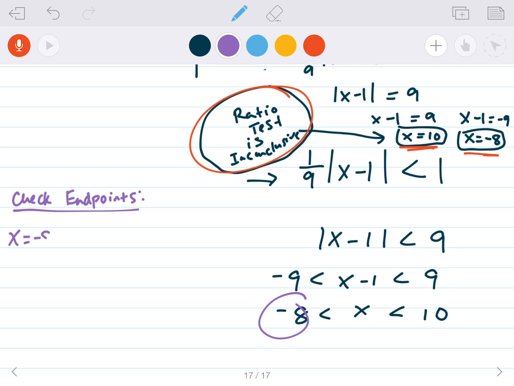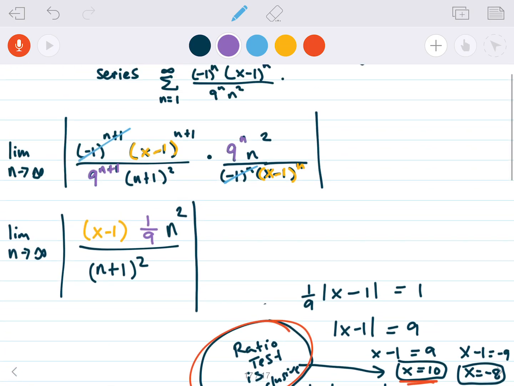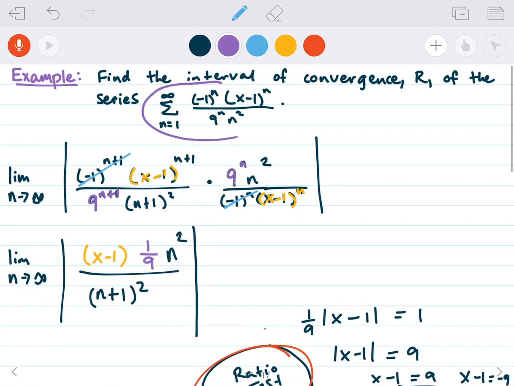When x equals negative 8, what we're going to do is simply plug that into our series for x. So let me write this down: we have negative 1 to the n, x minus 1 to the n, over 9 to the n squared.